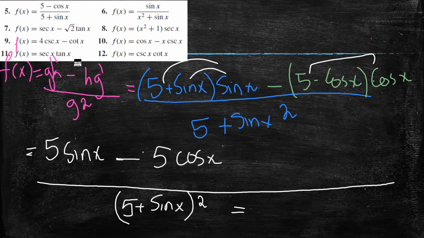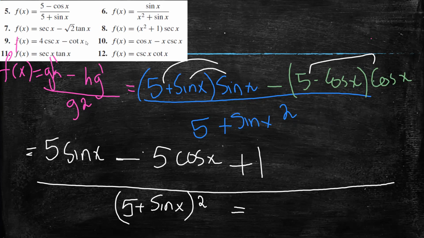Then I will say plus 1. This one is coming from sine squared plus cosine squared. Okay, is it clear from where I bring this one? Yes, teacher. Yes. Okay.